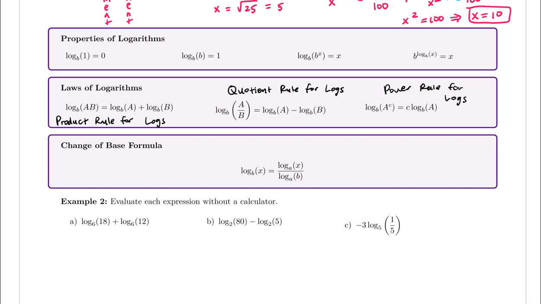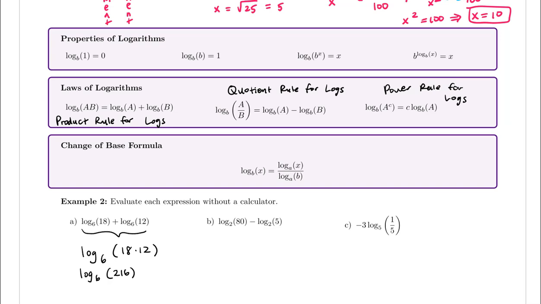Example 2 says evaluate each expression without a calculator. In part A, I can utilize the product rule for logs, and combine this into a single logarithm, and that would be log base 6 of 18 times 12. And 18 times 12 is 216.